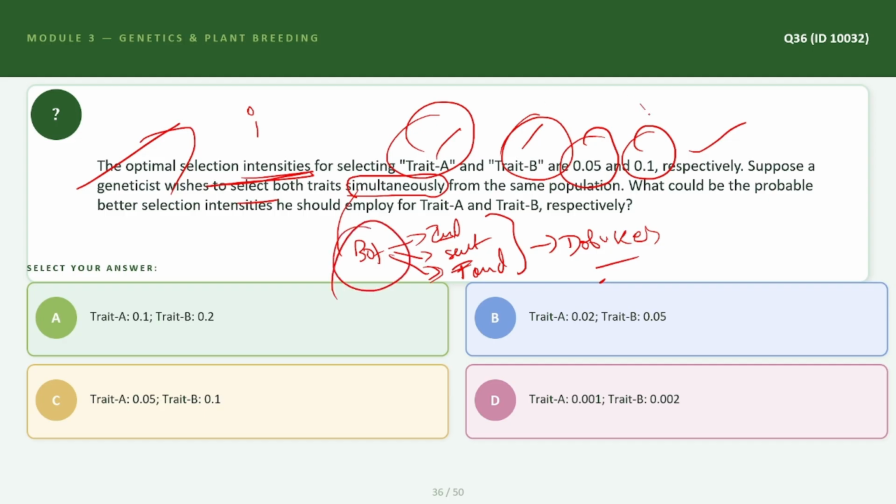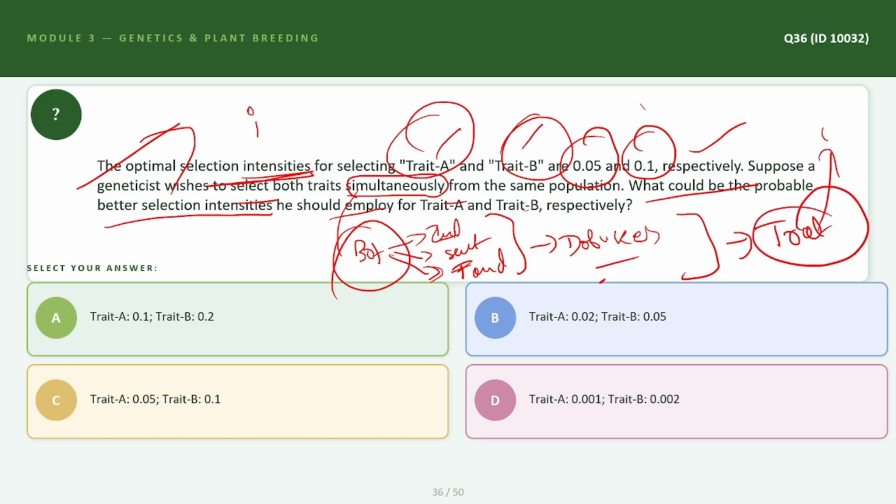But as of now, we will come to this question. What would be the probable better selection intensities you should employ for trait A, trait B? See, you just remember, if you want to select two traits simultaneously, then definitely you have to compromise with the selection intensities. For example, if you are selecting 0.05, it means out of 100 you are selecting 5 plants for trait 1.